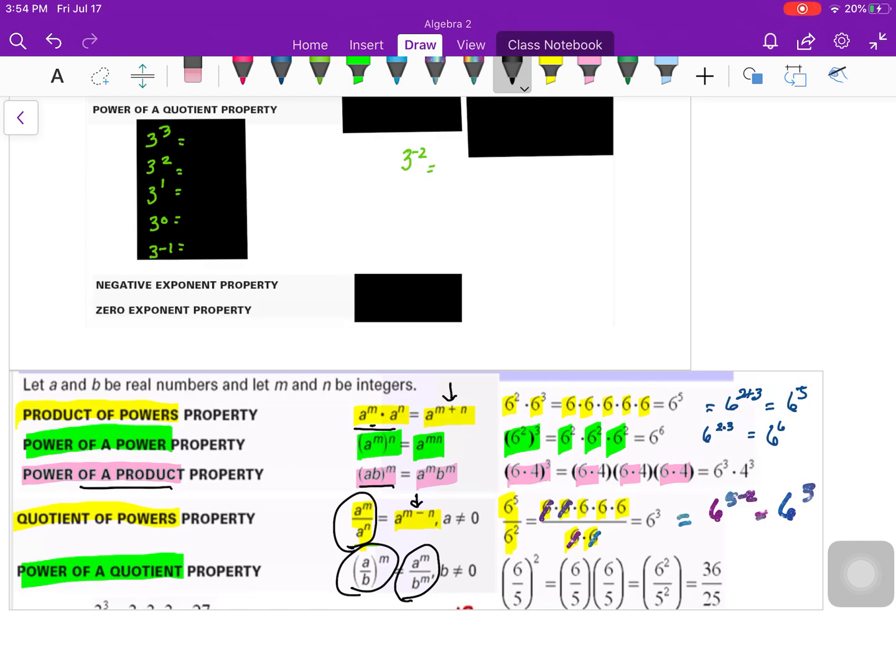Notice it stays a quotient, a fraction. So 6/5 squared. That would be 6/5 times 6/5, which is 6 squared over 5 squared. Since the quotient, I still have that division in it.